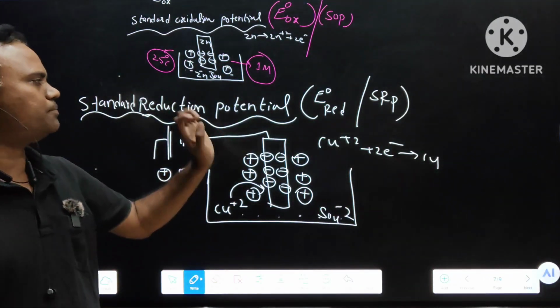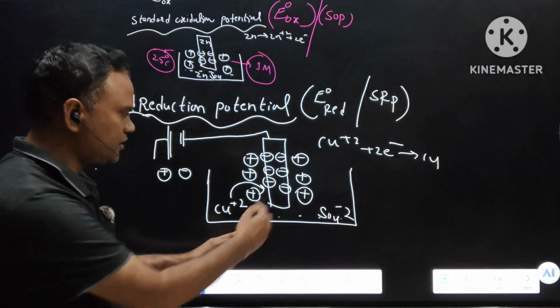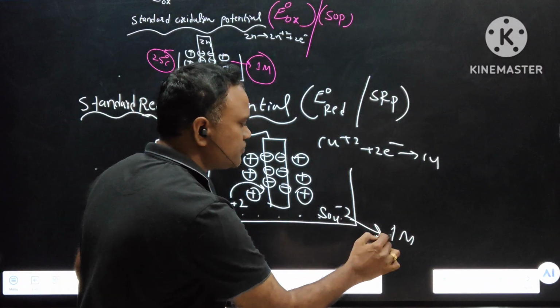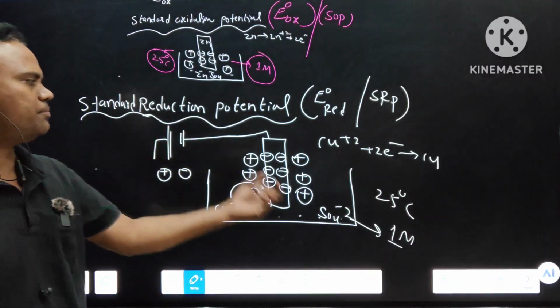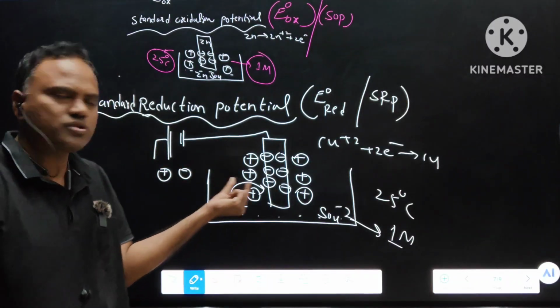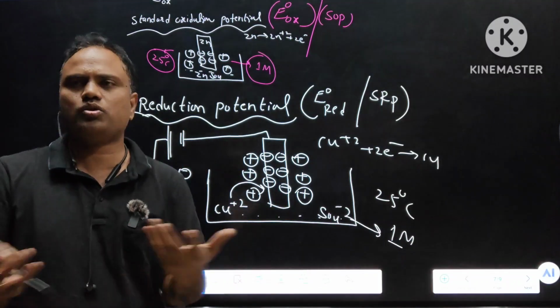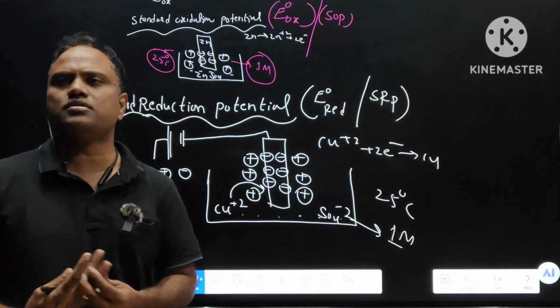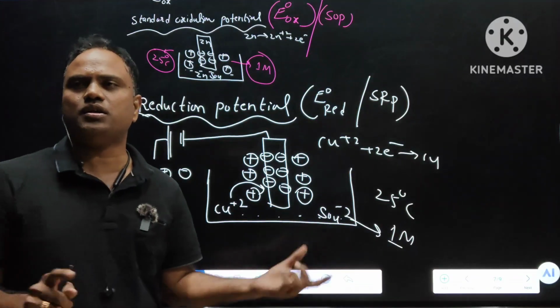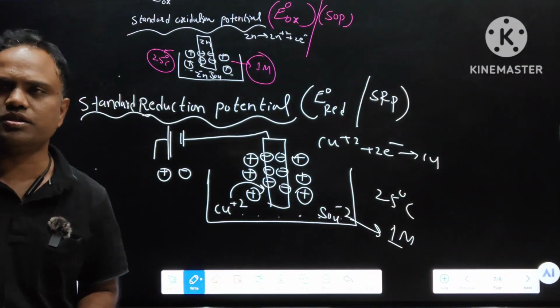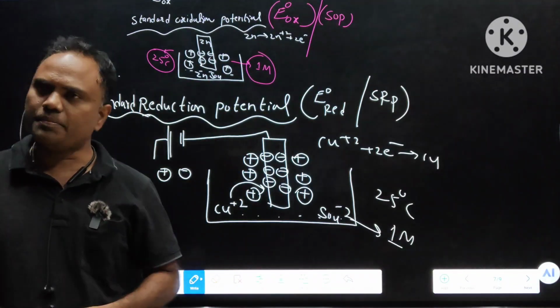Reduction potential developed at standard conditions. Maintain this electrolytic solution concentration at 1 molar, temperature 25 degrees centigrade. This is reduction only. Copper 2+ ions are reaching the electrode to accept electrons. We are doing this experiment at standard conditions, placing the rod in copper sulfate solution.